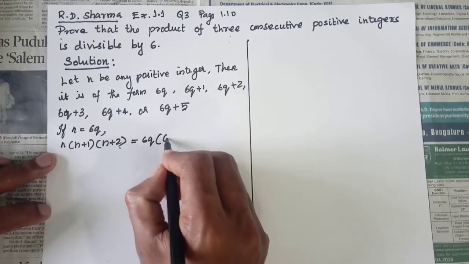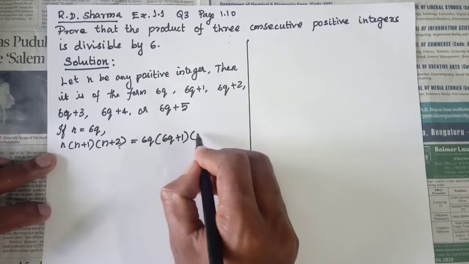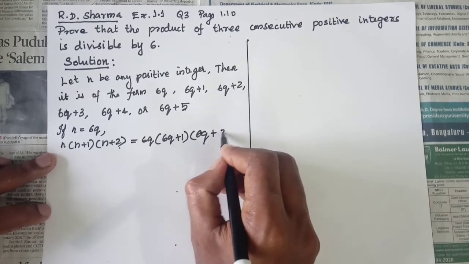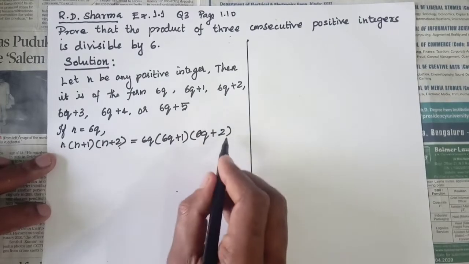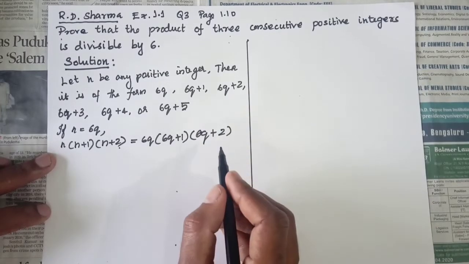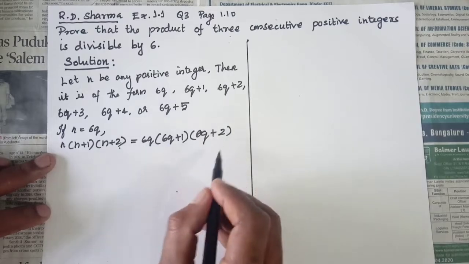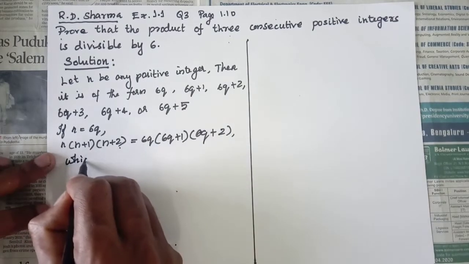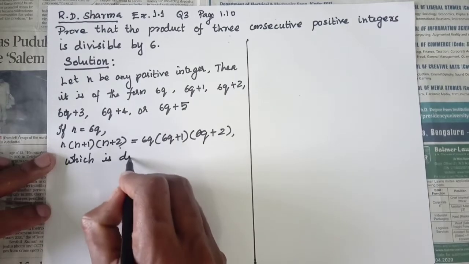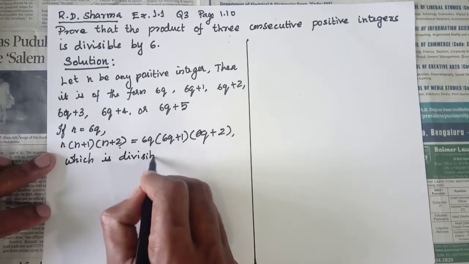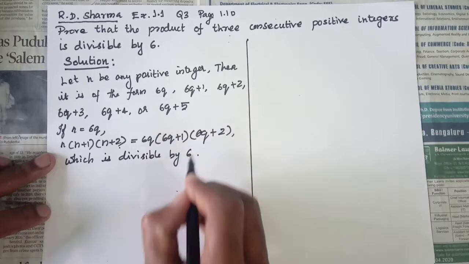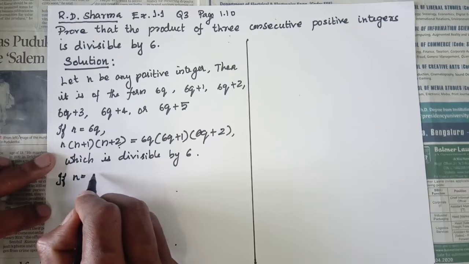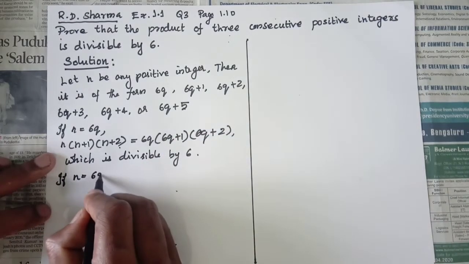So 6q into 6q plus 1 into 6q plus 2. Here, if you see, this is 6 times a number, so this is divisible by 6.